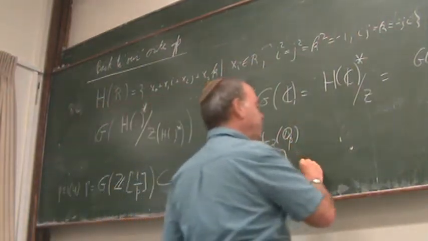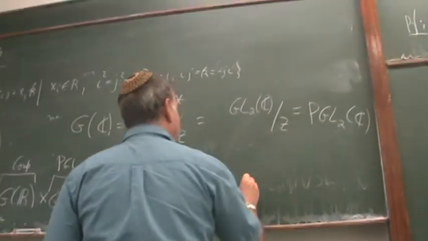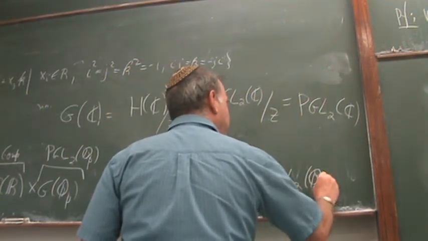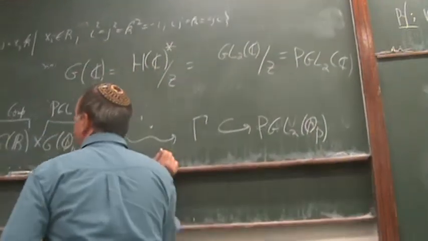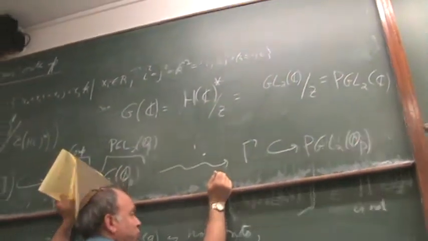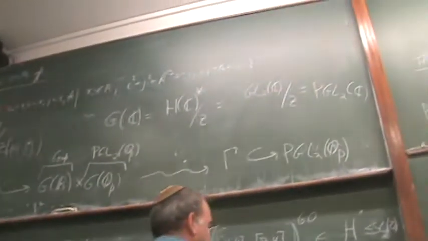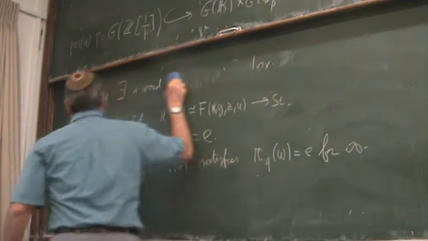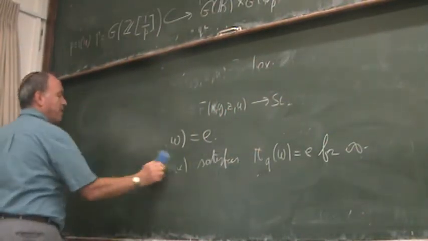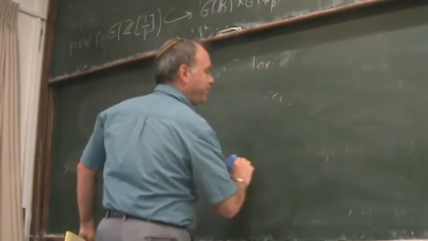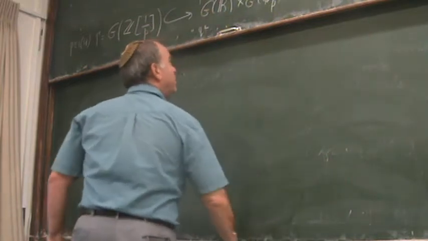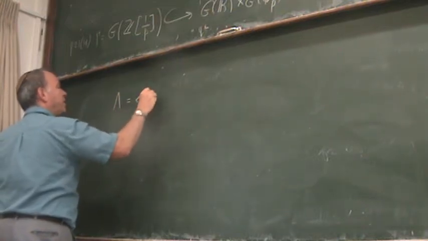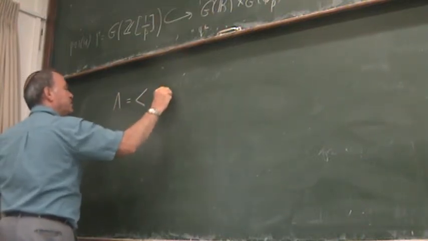Now the projection gave us gamma as a lattice in PGL2 Qp. But this one contains also some torsion. You remember we saw the torsion. We really concentrated on a subgroup of finite index, lambda, which was generated by S. What was S?